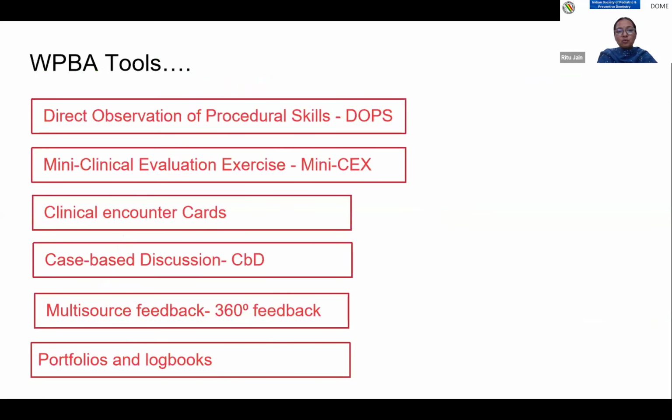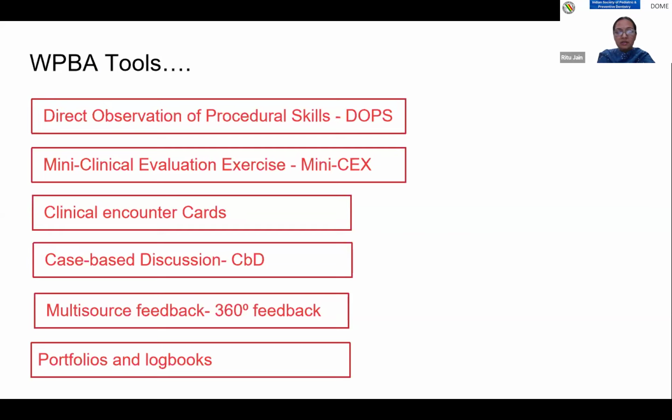So, going on to the tools for workplace-based assessment, we have a variety of tools available. Commonly used tools are direct observation of procedural skills, the mini clinical evaluation exercise, what we call mini-CEX, clinical encounter cards, and case-based discussions, which are discussions or detailed cards about cases that they have seen or worked on.